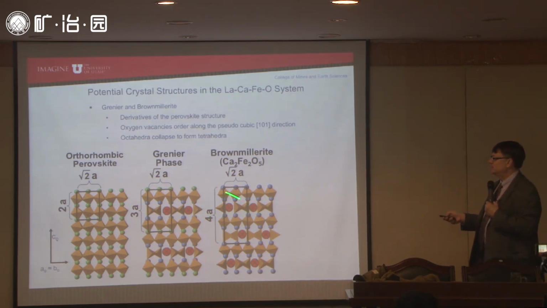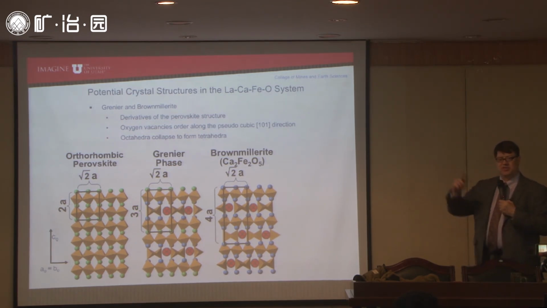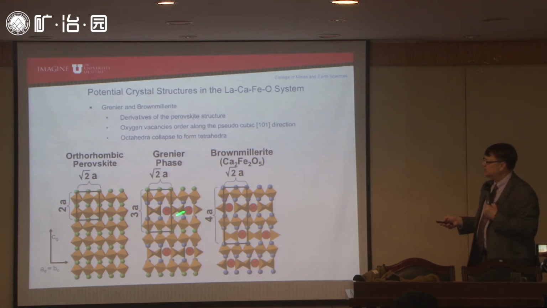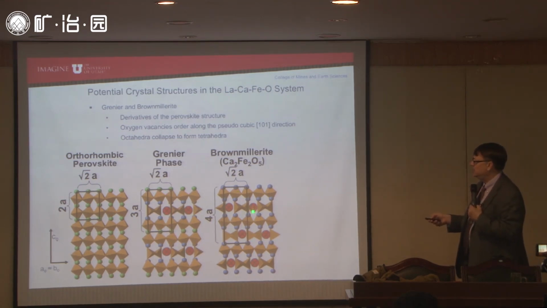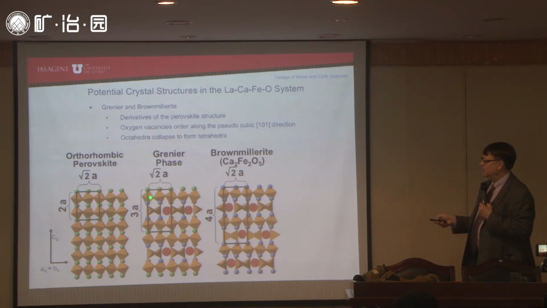The Grenier phase is something that we weren't sure existed in the middle of the phase diagram, but we speculated that it might. The Grenier phase is basically intermediate to the brownmillerite and the perovskite. In other words, we've removed a fraction of the lanthanum. So we have a layer of lanthanum, then calcium, then lanthanum, calcium, and so on.